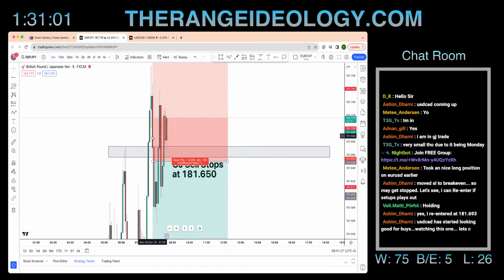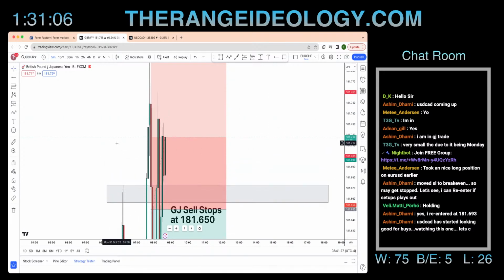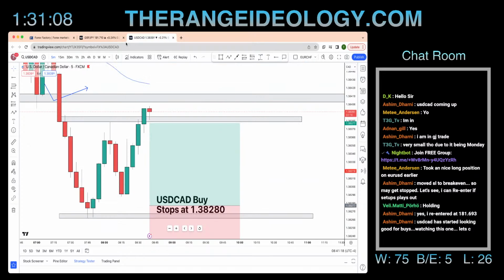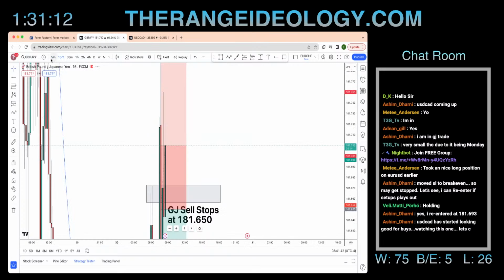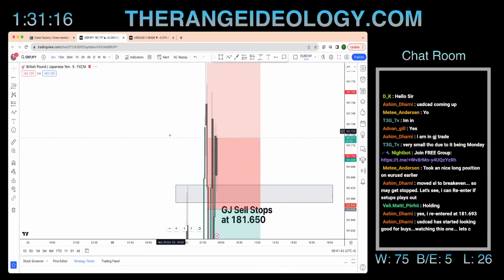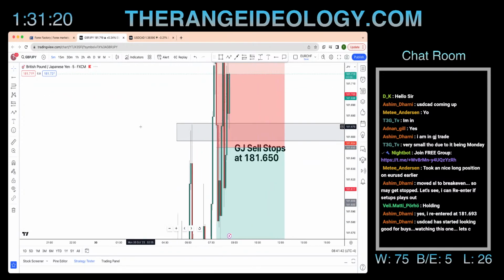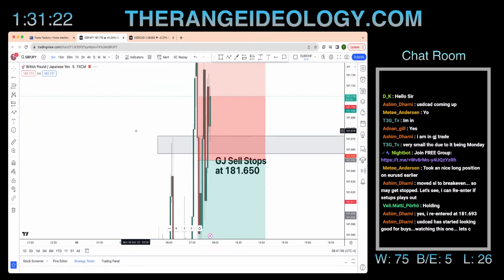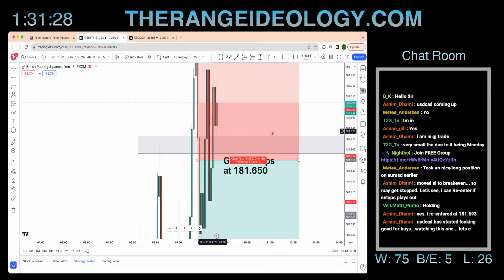Alright, GJ comes back up again. Okay, less than 4 minutes. New 15-minute candle. Again, one red candle can do the trick here for GJ because it can break down this level. Oh wow, look at that. Okay, now it's coming back down again.